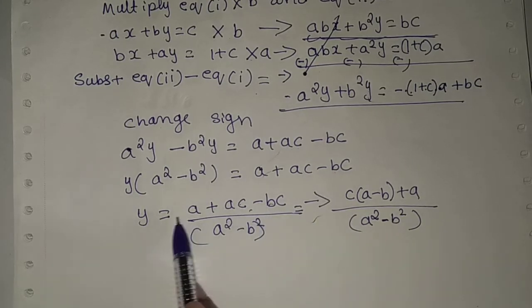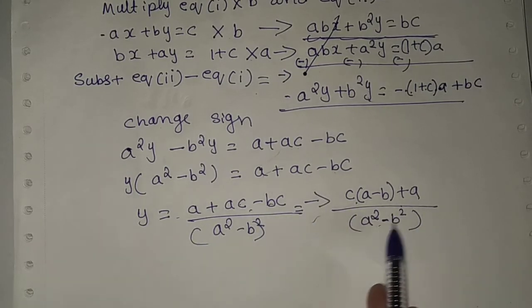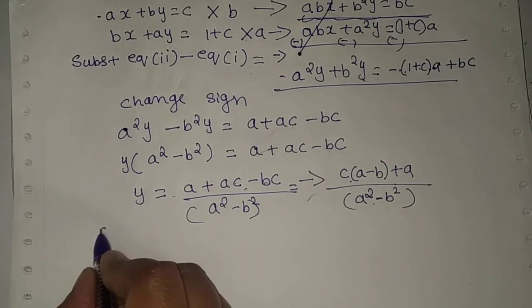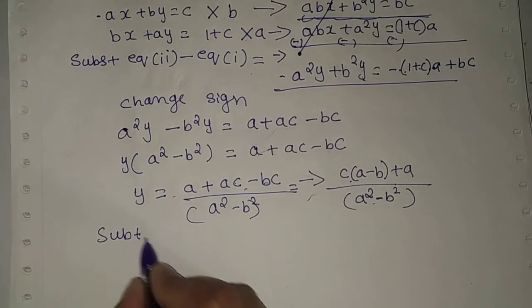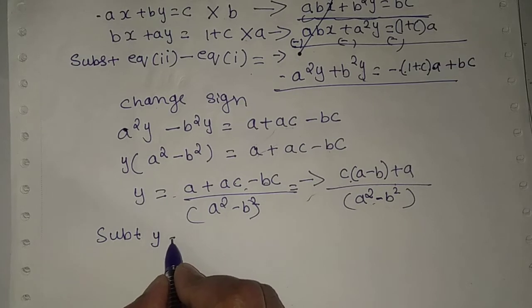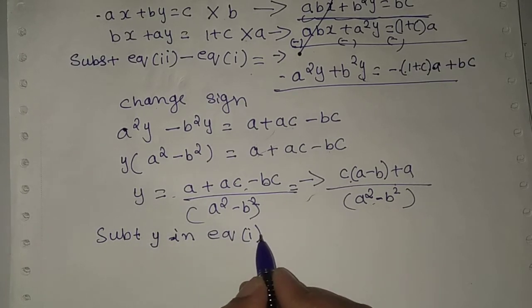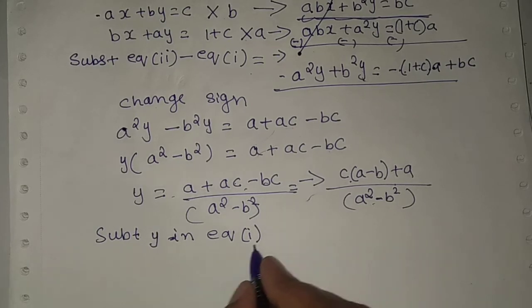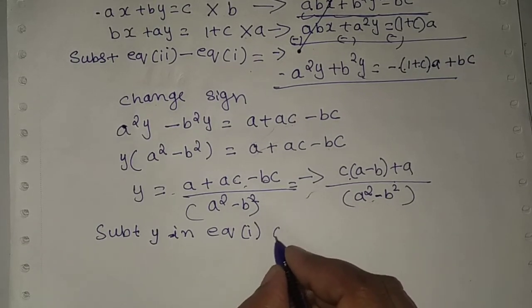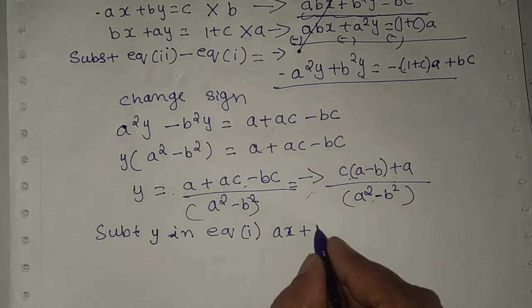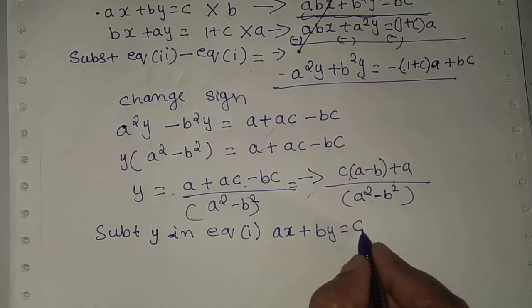Bringing c as common, bring c outside, then keep as it is. Now substitute y in equation 1. So what is equation 1? Equation 1 is ax plus by is equal to c.